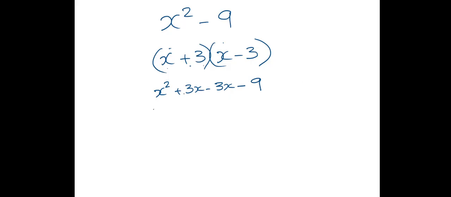It should show that the plus 3x cancels with the minus 3x, and that's our answer.